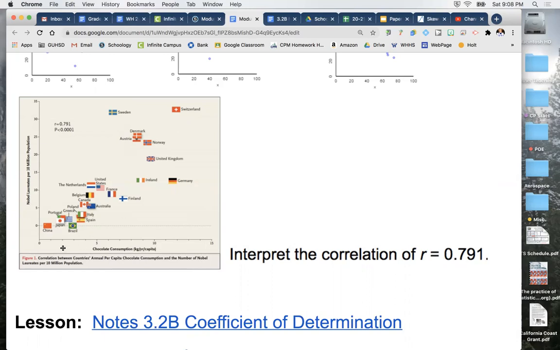So if I actually put the language here, it would be 62.6% of the variation in the Y's, which is Nobel laureates, can be explained by the least squares regression line in relationship to your chocolate consumption.